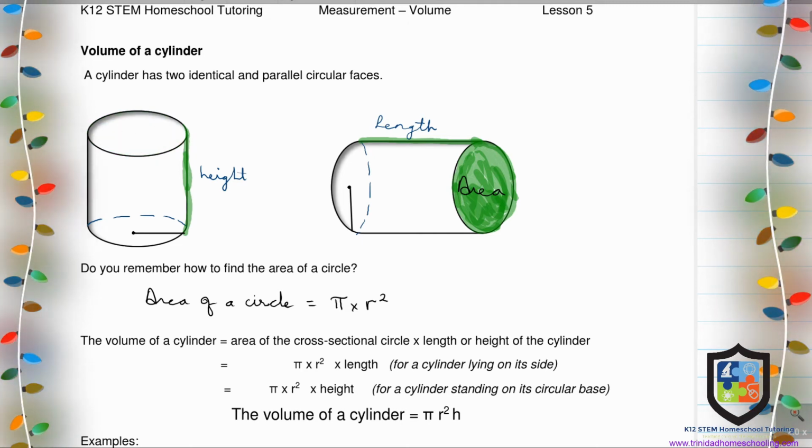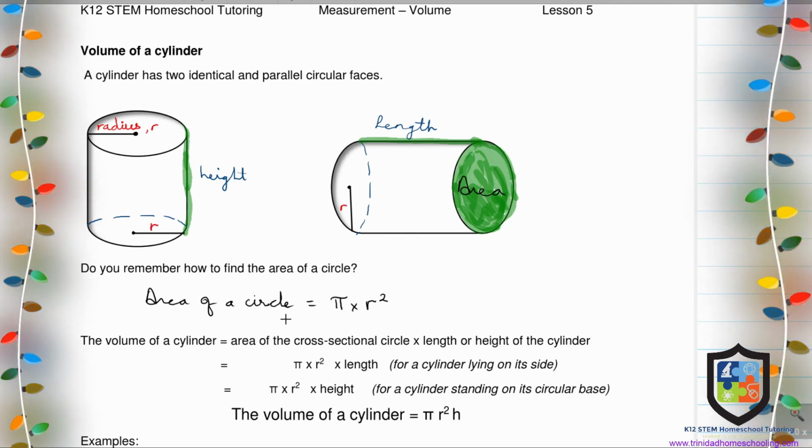If you have to show the radius, it's going to start at the center and go to any point on the circumference. So I'm going to label this the radius. Right, and we call that R, and here's R.